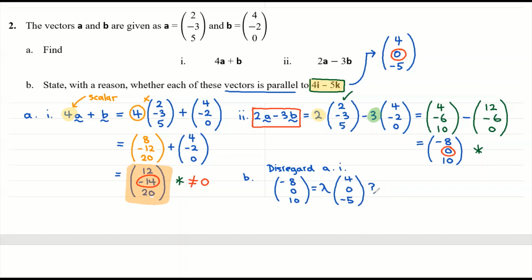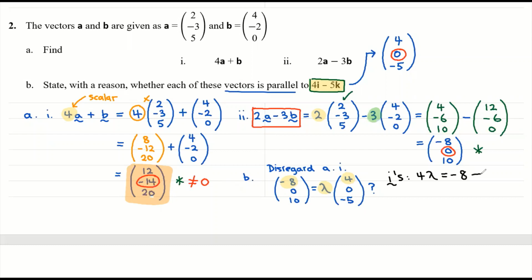Now, if you look component by component, we've got 3 equations to solve for lambda. We've got -8 is equal to 4 lambda, first of all. Now, if we solve that equation, looking at the i components, 4 lambda would equal -8.